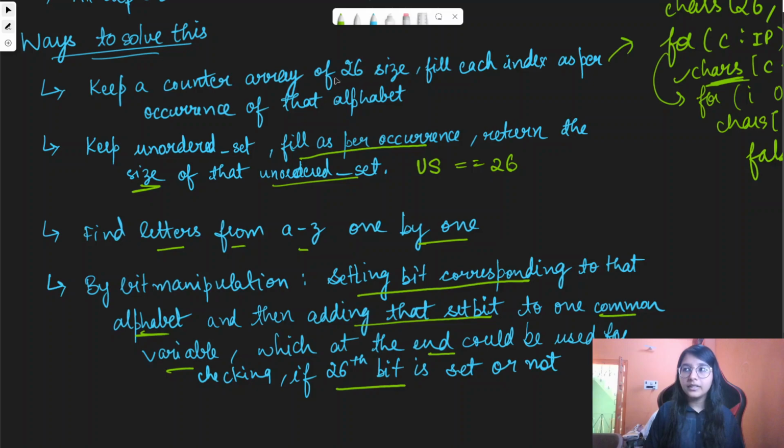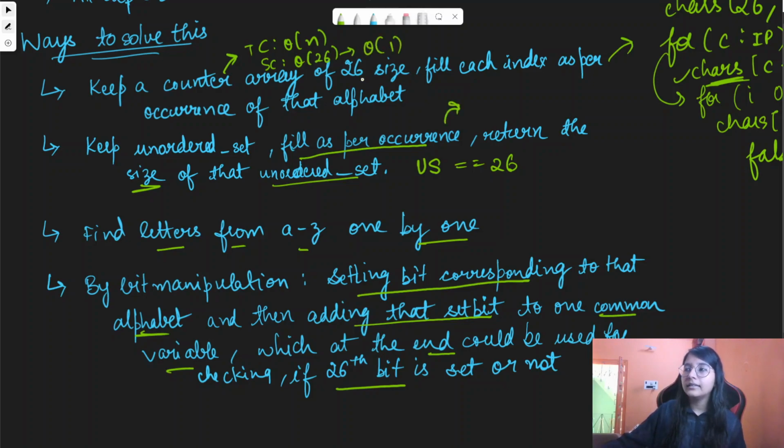Now, for this first method, you can directly see that although we are traversing that particular string, the time complexity is dependent upon that string only, so it is order of n. But the space complexity is order of 26, so that will be order of 1 only.